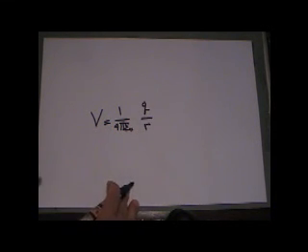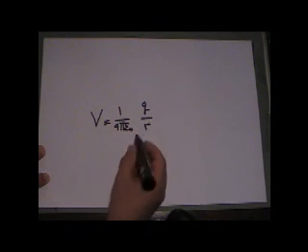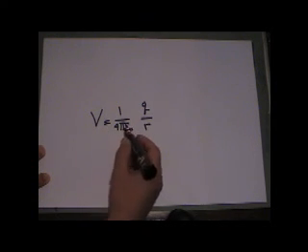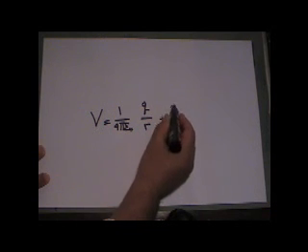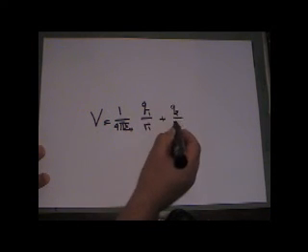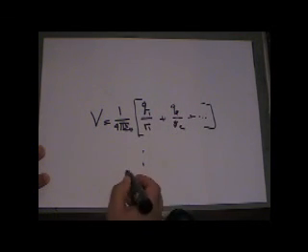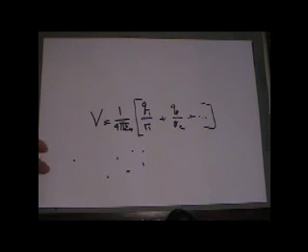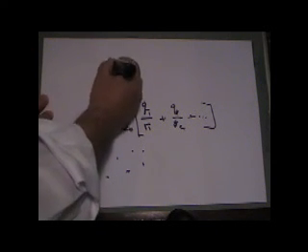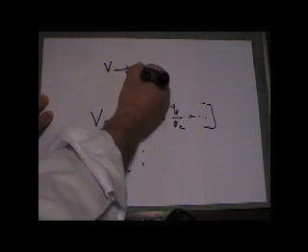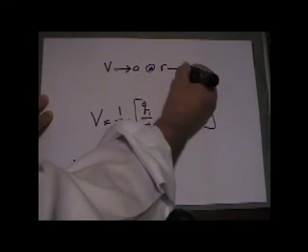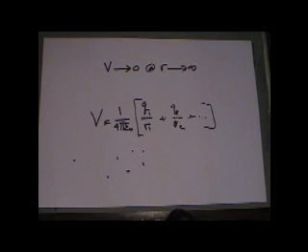This is the potential due to a point charge, and the potential due to more than one charge is simply Q1 over R1 plus Q2 over R2 and so forth, if you have a group of charges and want the potential at some point. One thing you should be aware of: since V is proportional to 1 over R, V goes to 0 when R goes to infinity.